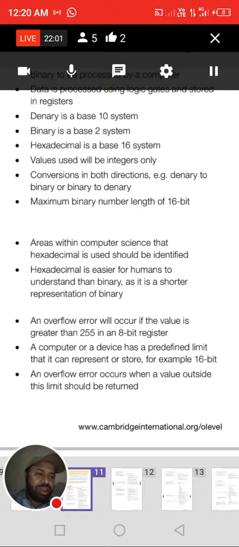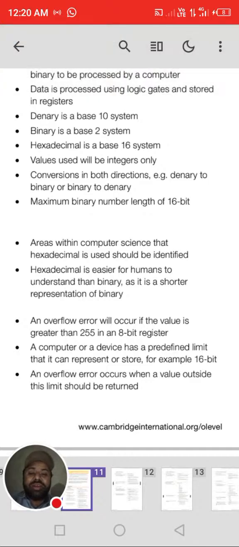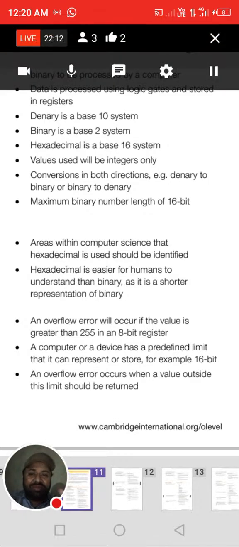Conversion works in both directions, for example denary to binary or binary to denary. In both ways, it is reversible. We will cover these topics, and this is a fundamental, introductory lecture.